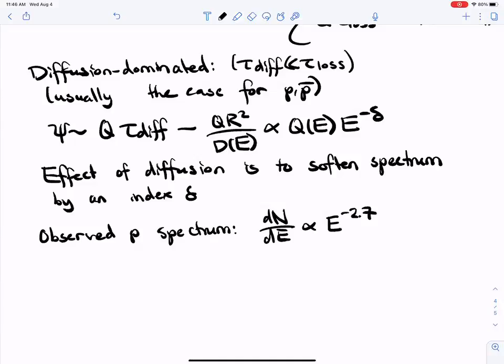The newer data suggests that there's a bit more going on than this simple diffusion model, and you want more like delta of 0.5. But that's parametrically where we are.